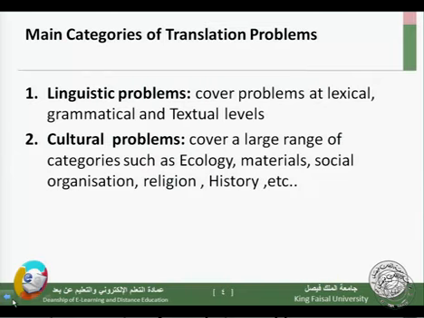You need to remember always, whenever you have a text or a message to translate, you need to be quick in processing the problem. Of course, you need to find out, is there any problem in this text that would cause difficulty for me in translating this message? Then you say, all right, this is a linguistic problem.